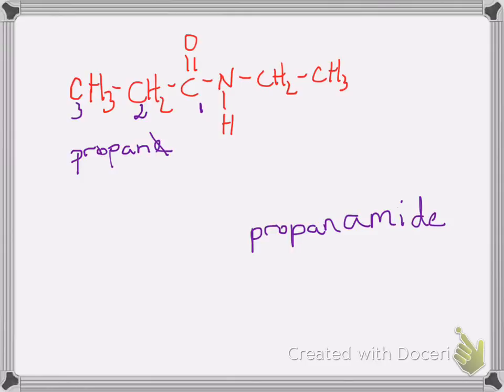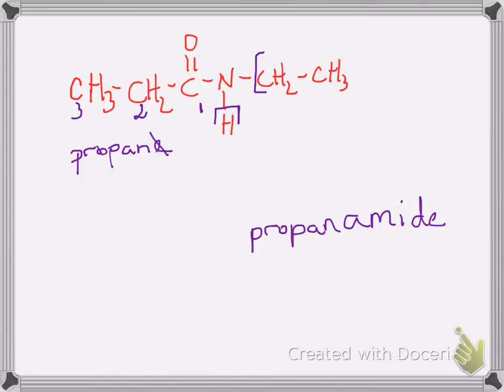Now I go ahead and name the rest of the molecule as substituents. I look on the nitrogen at this point, and I see a group here, and I see a group here. If it's just an H, it's understood to be there, and so we don't have to name it as a substituent, just as with an alkane. If you had a hydrogen sitting on a carbon, you don't name that hydrogen.